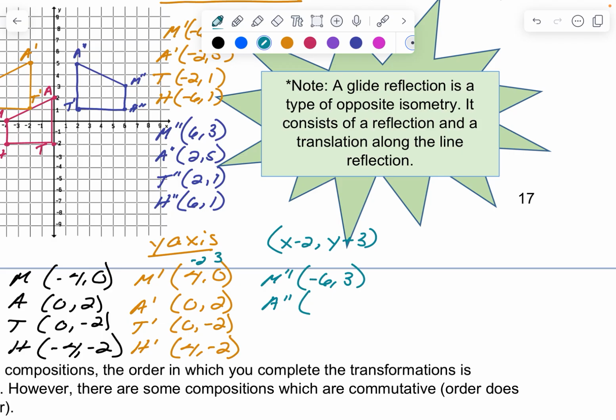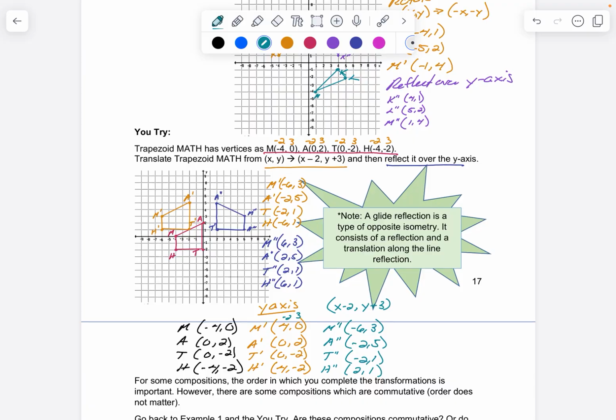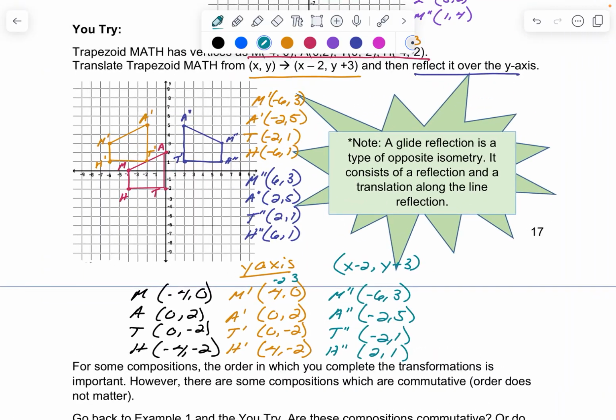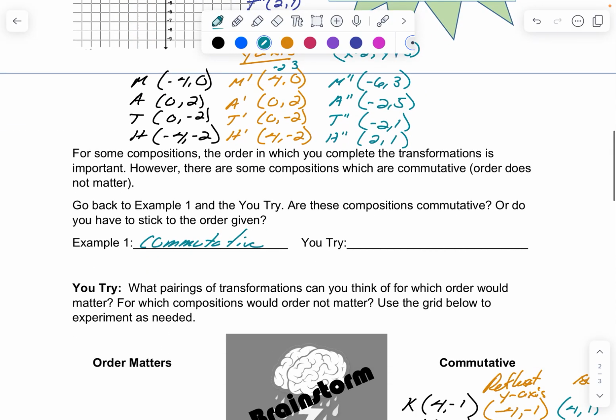A double prime is going to be (-2, 5). T double prime is going to be (-2, 1). And H double prime is going to be (2, 1). Let's compare. Oh, right there. And not commutative.